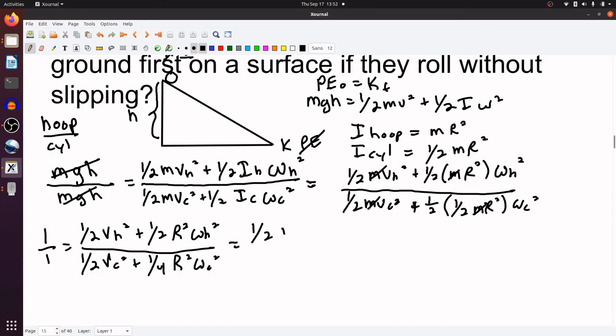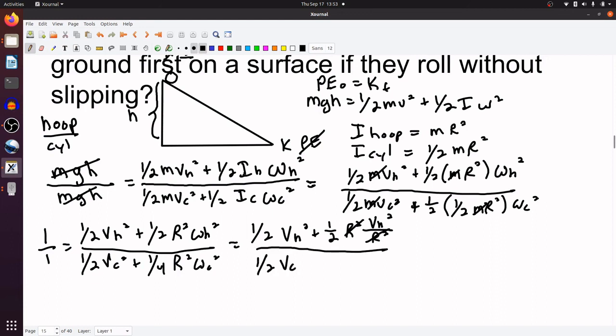That's going to give me 1/2 of v_H squared plus 1/2 of r squared v_H squared over r squared, substituting in v over r for omega. And then the r's cancel. Yay, we didn't have that anyways. That's going to make our life super simple.